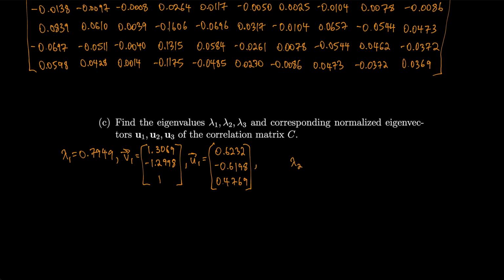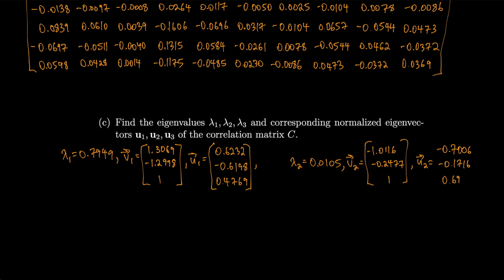Next is lambda 2, given by 0.0105, eigenvector negative 1.0116, negative 0.24771, which we then normalize to get negative 0.7006, negative 0.1716, 0.6926.